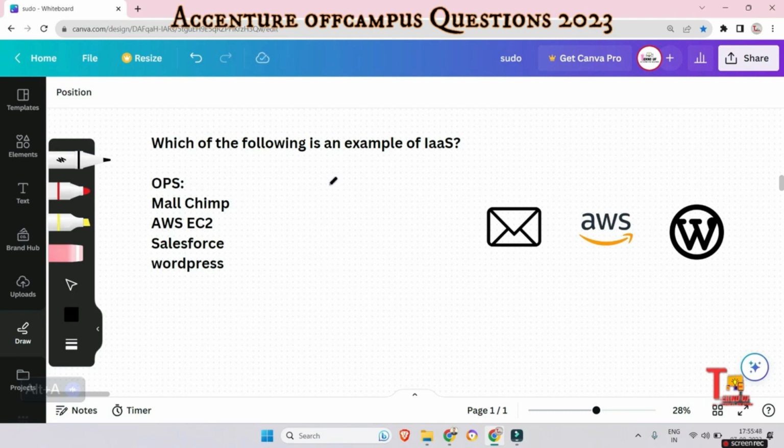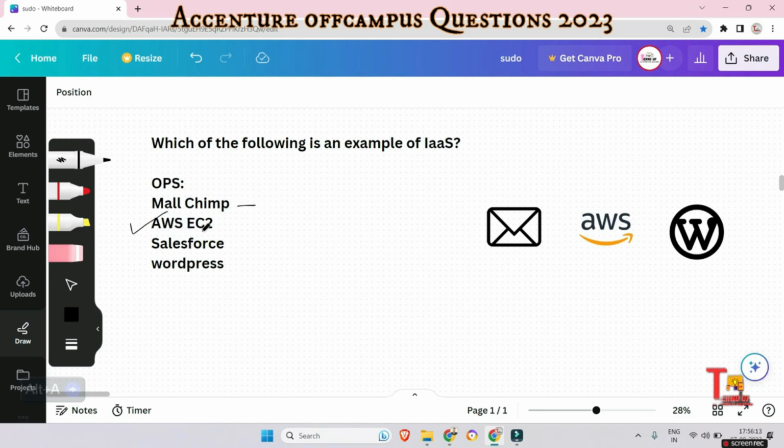So here what will be the answer? The answer will be AWS EC2, right? Because let me explain a little: MailChimp deals with mail, and it makes good presentation of a mail, template creating, right?